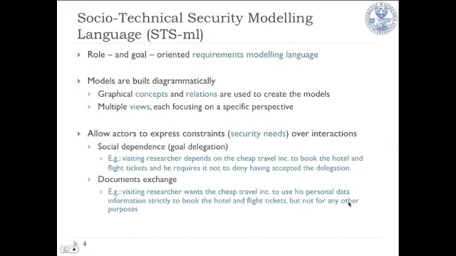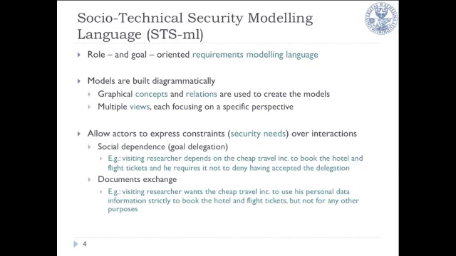And on top of that, we allow the different interacting components, to whom we refer as actors, to express security constraints that they have over interactions they participate in, and we call this security needs.